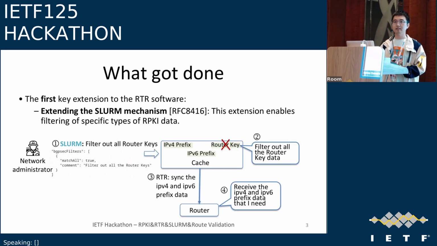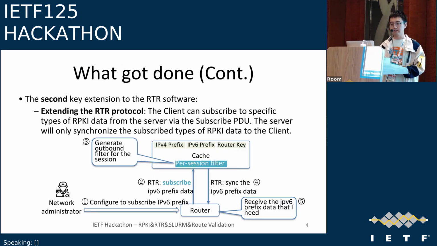And what got done? We made 2 key extensions to existing RTR software. The first is to extend the SLURM mechanism. This enables the filtering of specific types of RPKI data in the local cache. The second key extension is that we extend the RTR protocol.